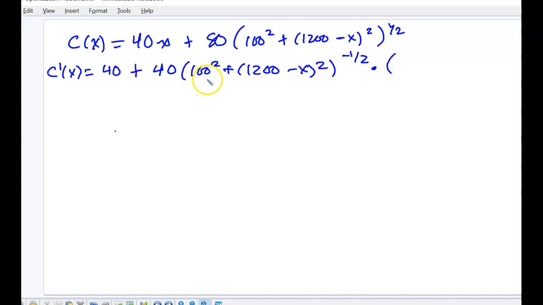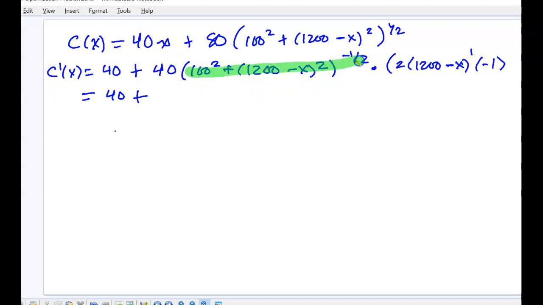Well, the derivative of 100 squared is 0. And again, this will be a chain rule. So the 2 comes out front. 1200 minus x drops down to the first. And the derivative of 1200 minus x would be negative 1. Okay, so if I clean this up, I'm going to get 40 plus, I have a negative exponent.